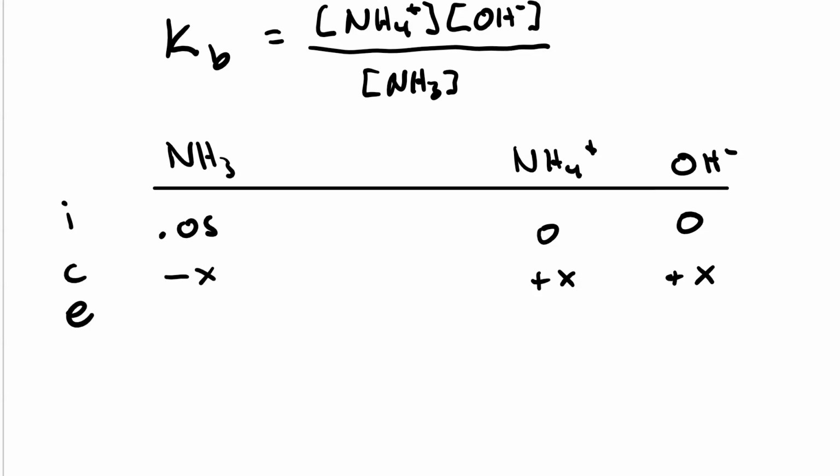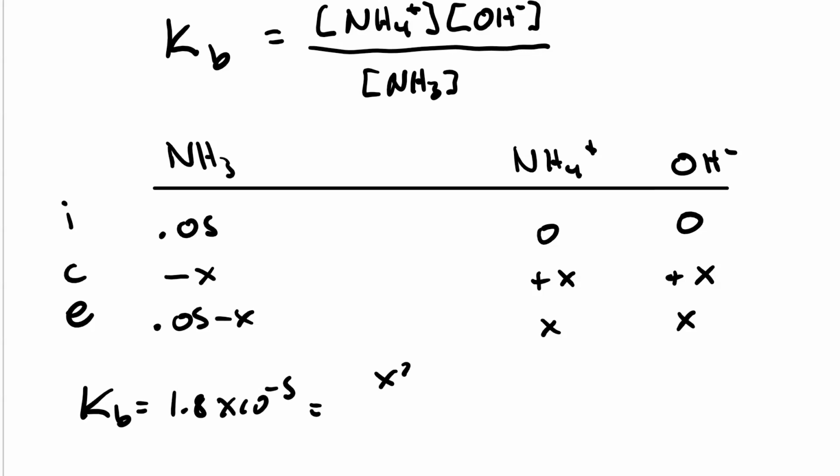By x. On the equilibrium line, we'll have 0.05 minus x, x, and x. So, Kb equals 1.8 times 10 to the negative fifth equals x squared over 0.05 minus x.